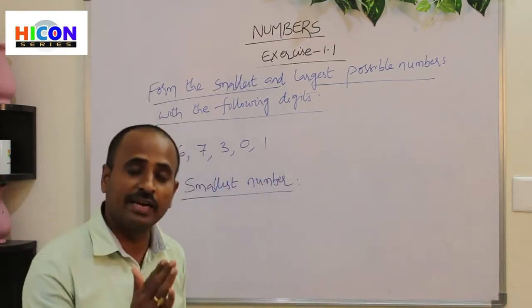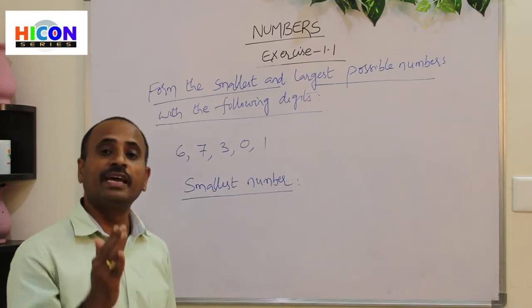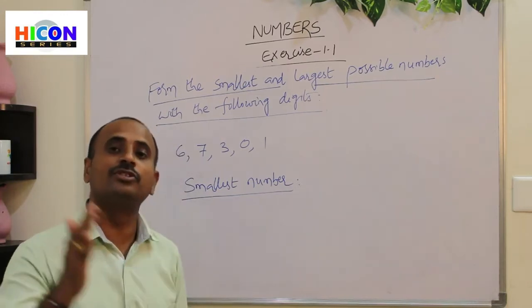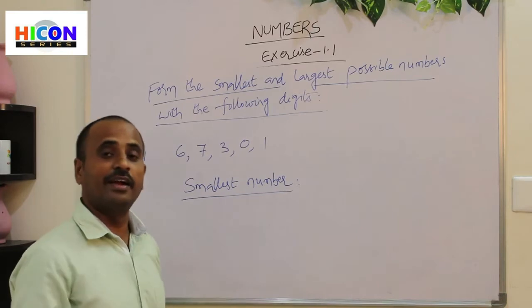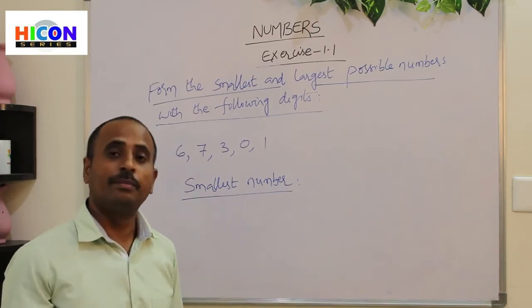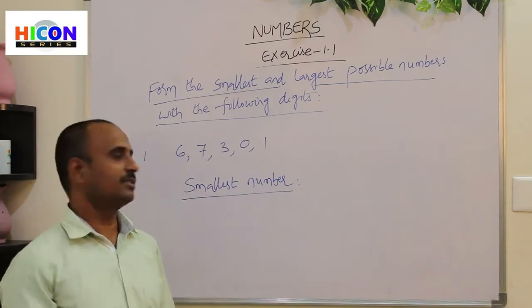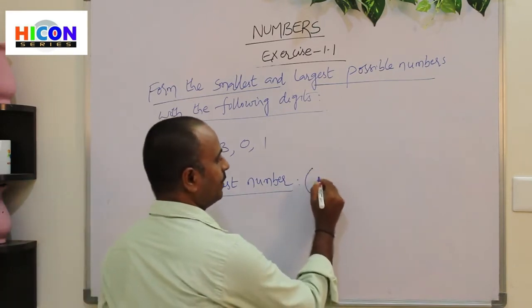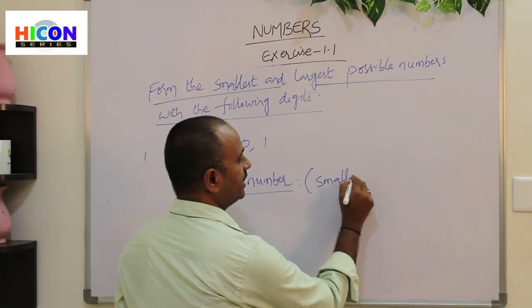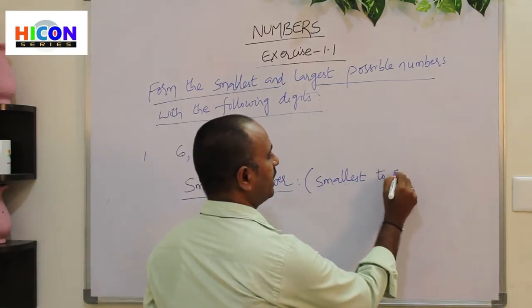The greatest number can be obtained by arranging the given digits from greatest to smallest.